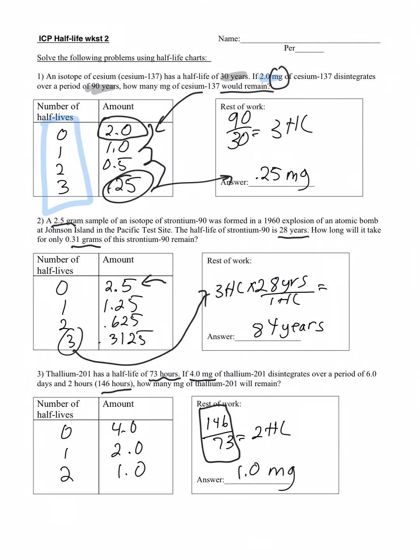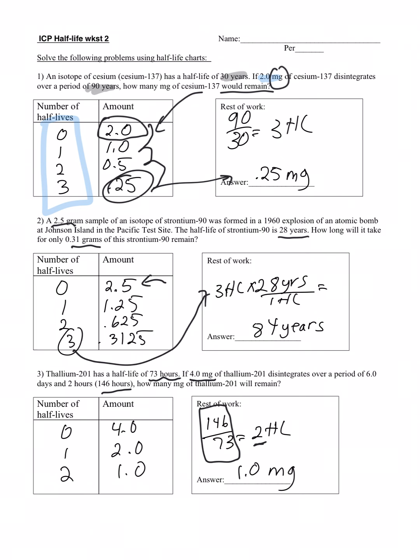And you should be getting whole number answers to that, or very close. It might have been like 3.01 or 2.99 or something like that, but it should be right at the number. So once I figure out how many half-lives this is, it's 2. I go over here, and I don't want to forget to put 0 first, a number from 0 to 2. And then I figure out if this is my first one or my second one on it.